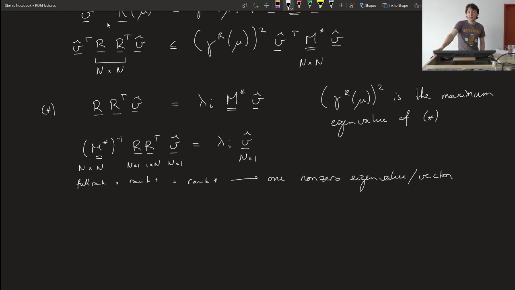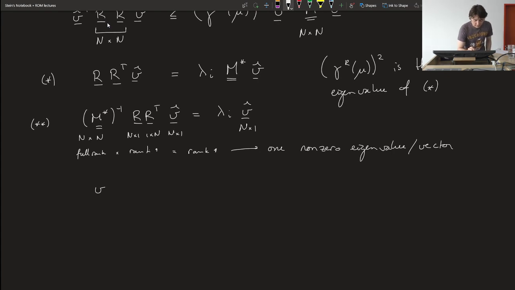So what I can do is look at this equation, play around a little bit, and once I find a single vector v that, if I substitute it into this equation star star, behaves like this statement is saying, like an eigenvector, then I immediately know that is the only eigenvalue this one has, and I immediately know that this is also the maximum eigenvalue. And it turns out there's a pretty obvious choice here: if I choose v hat, my vector of coefficients, to be equal to, I want to say, M star minus 1 times r.